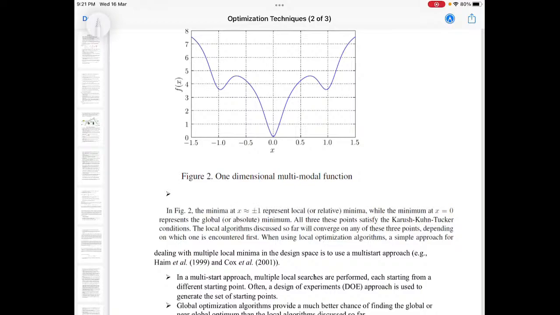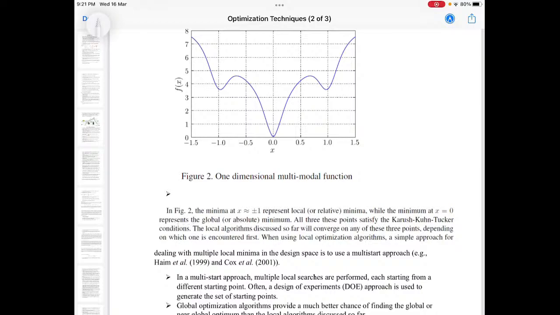From the figure we can see that the minima at approximately x equal to plus or minus 1 represent the local or relative minima, while at x equal to 0, this point represents the global or absolute minimum.